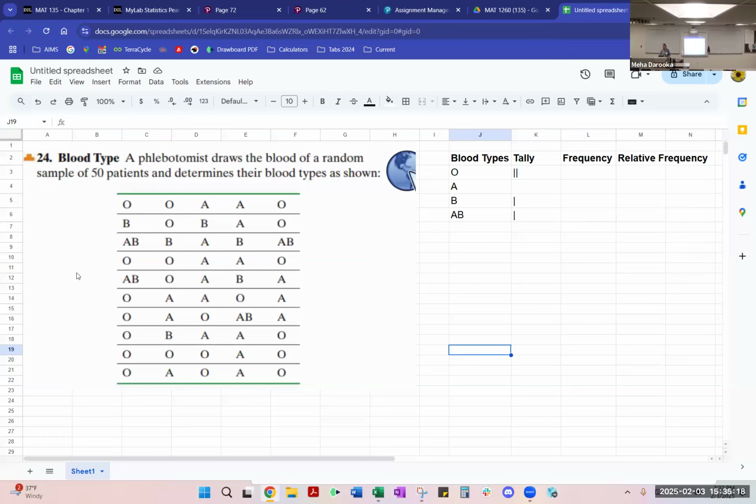Again, as I was saying before, make sure your total will add up to 50 because there's a total of 50 patients in there.